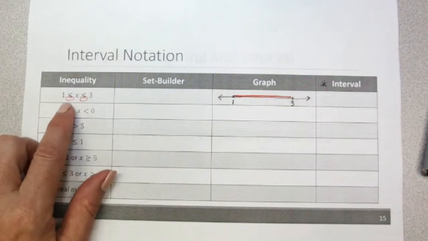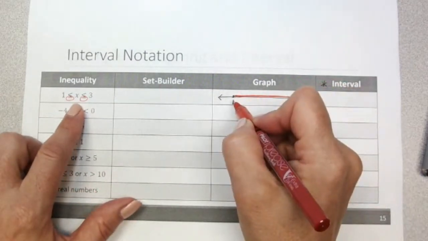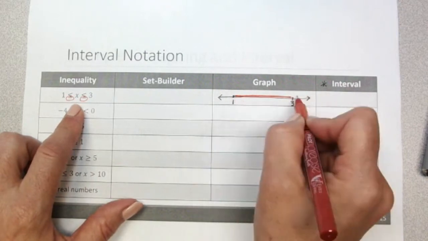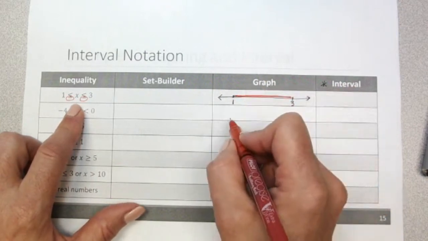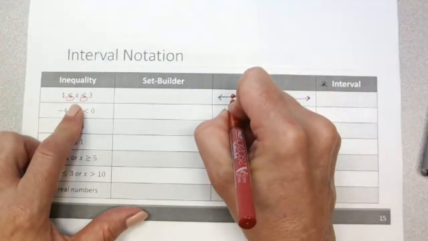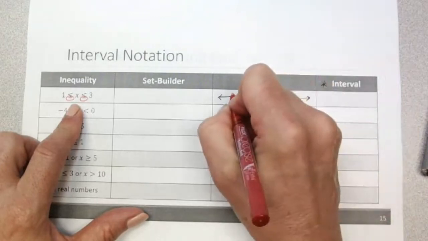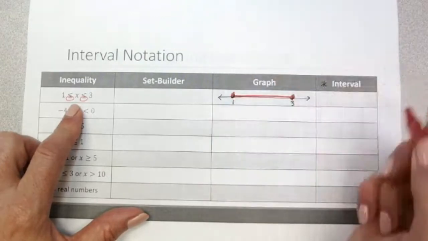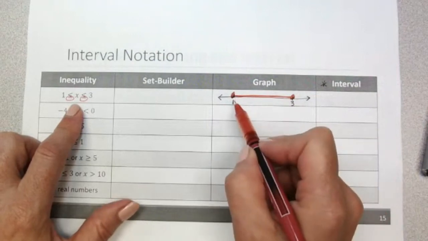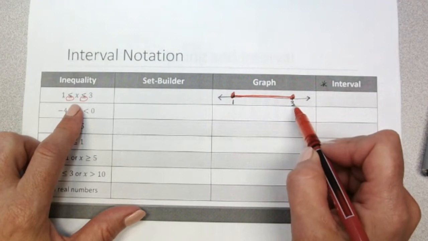When I have that or equal to situation, I want to include the boundaries of the interval in my representation here. And the way that I do that when I'm graphing it is with a closed-in circle. I would refer to this graph here as a closed interval of values between 1 and 3, because it will include the actual value of 1 and the actual value of 3.